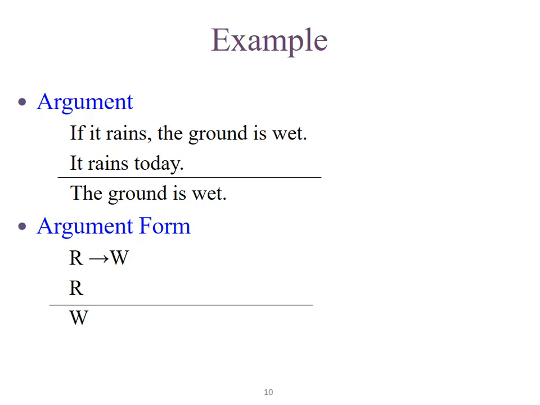Okay, so thank you. So she gives the premises: if it rains, then the ground is wet. The ground is wet. It rains today. Okay, so how do we make sure if the argument is valid or not? So maybe we can translate to propositional logic first.